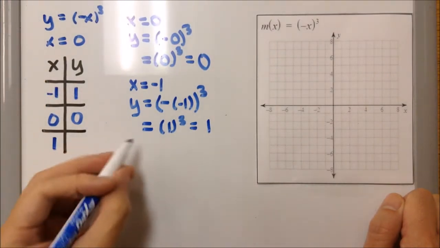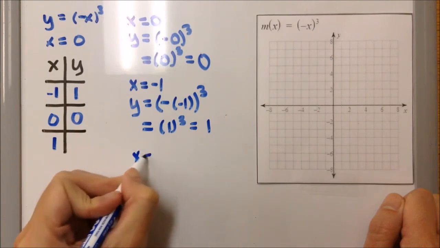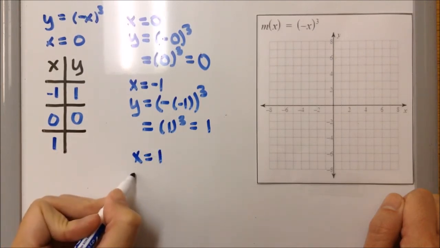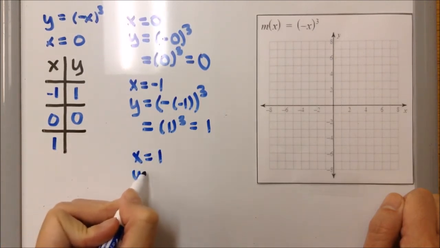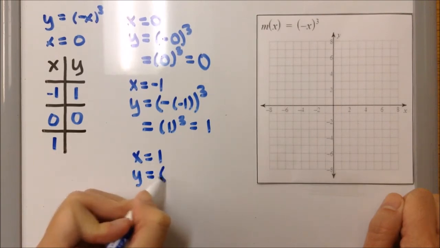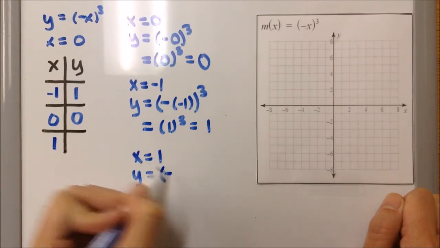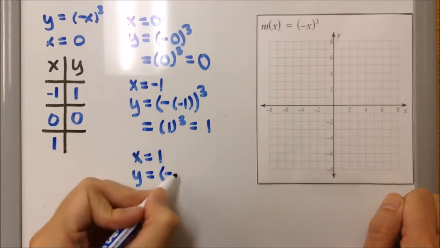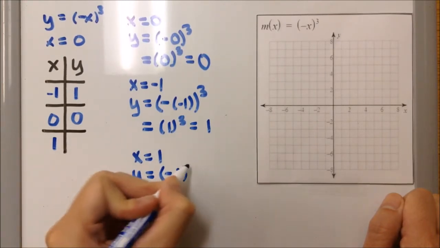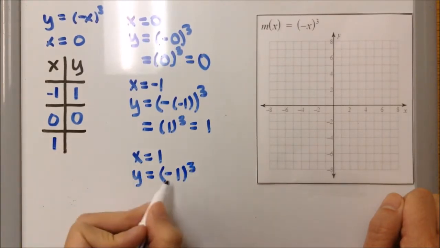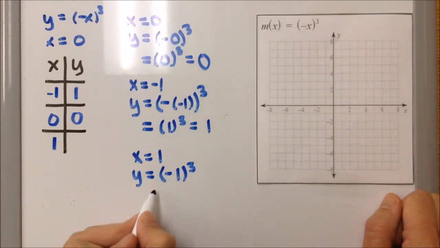Now our last one is x equal 1. So again, negative inside, this negative is from the function, and I'm just plugging in 1 into x. So now it's negative 1 to the third power. Now this is the part where we have to be very careful.